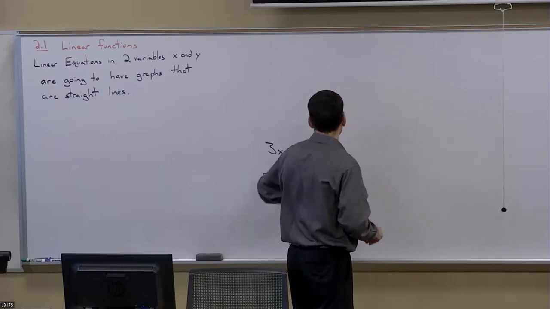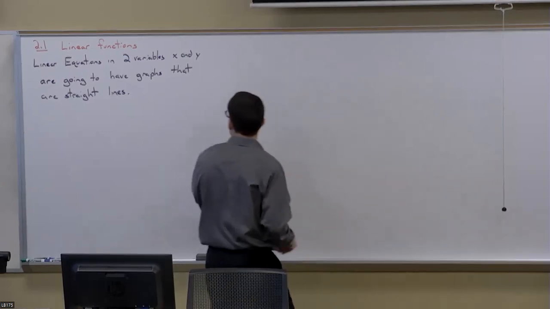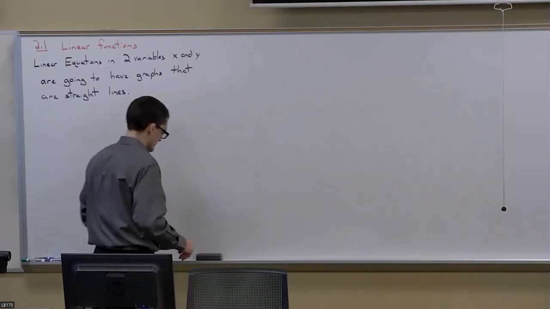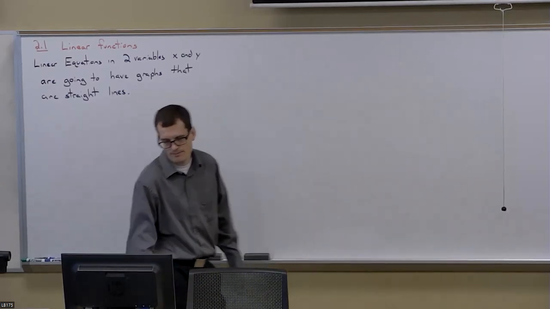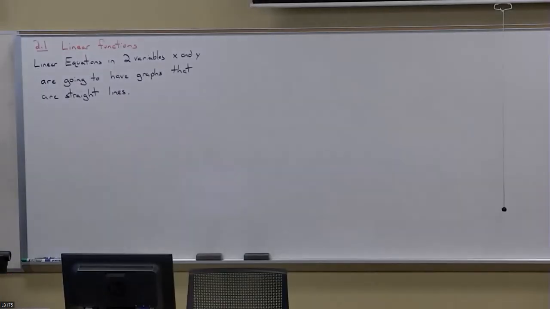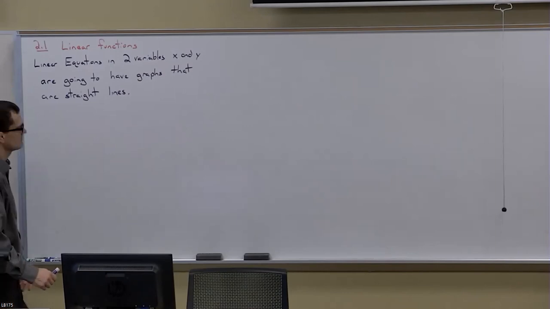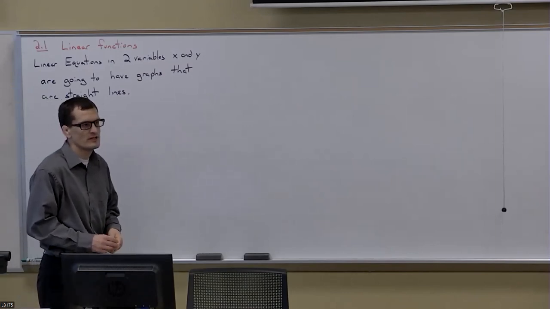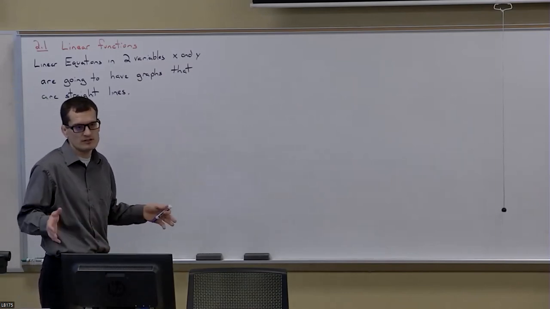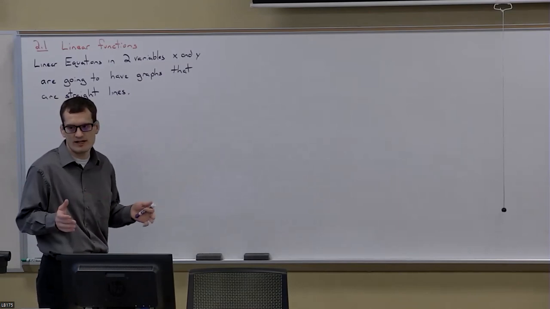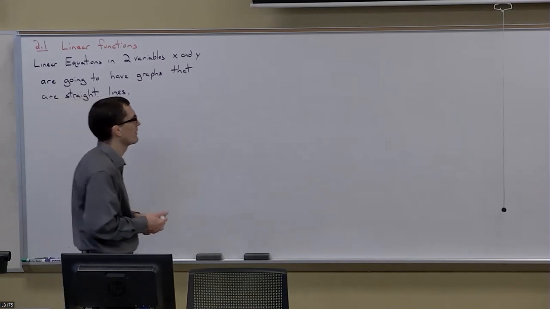Now, there's a lot of different ways we can approach this in terms of going from linear equations to linear functions, but I just like a function notation versus a y exchange, and we've seen this before.